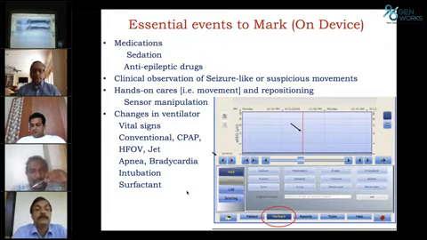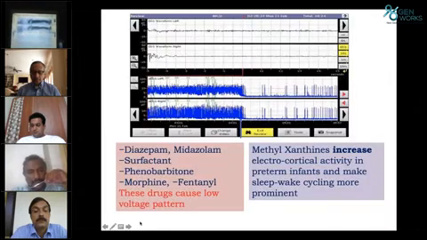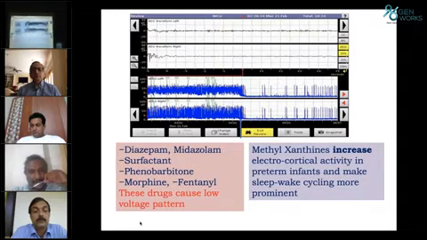Next slide. In this slide you can see that initially there is a discontinuous pattern.